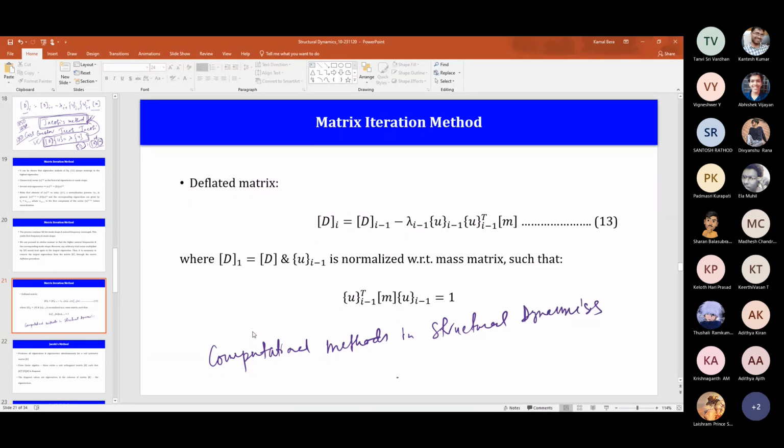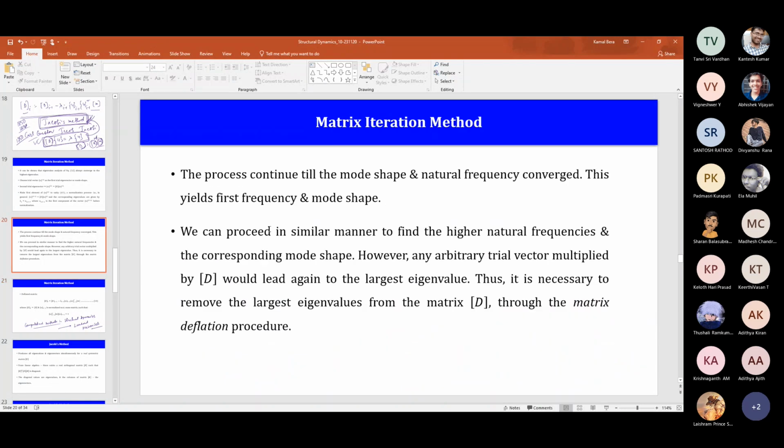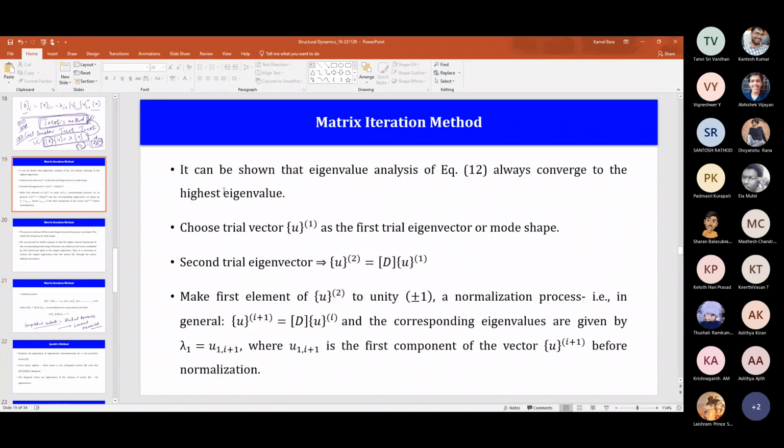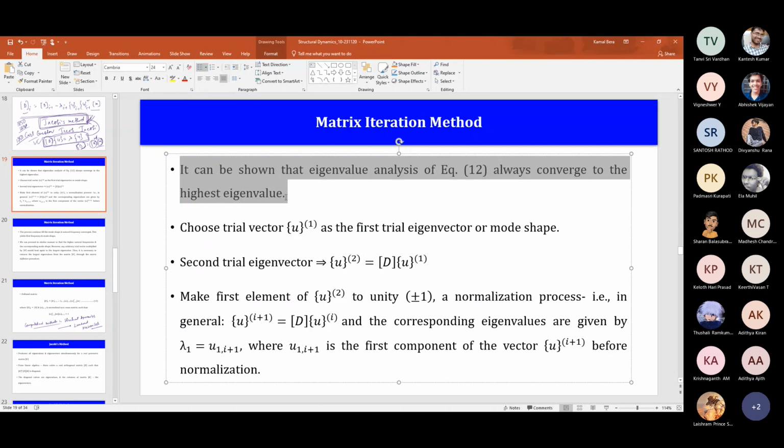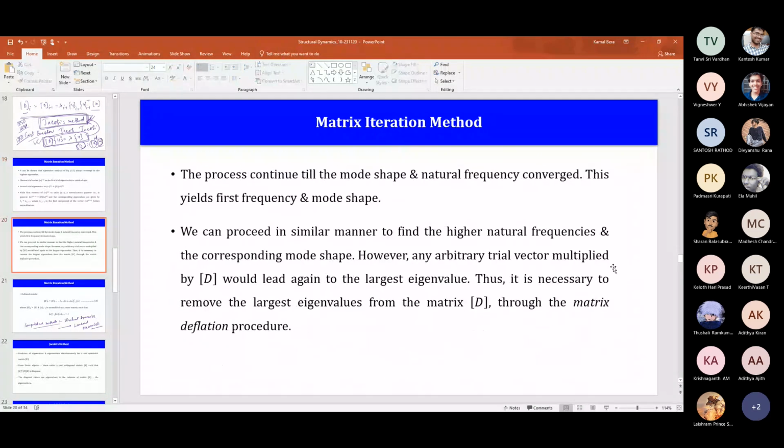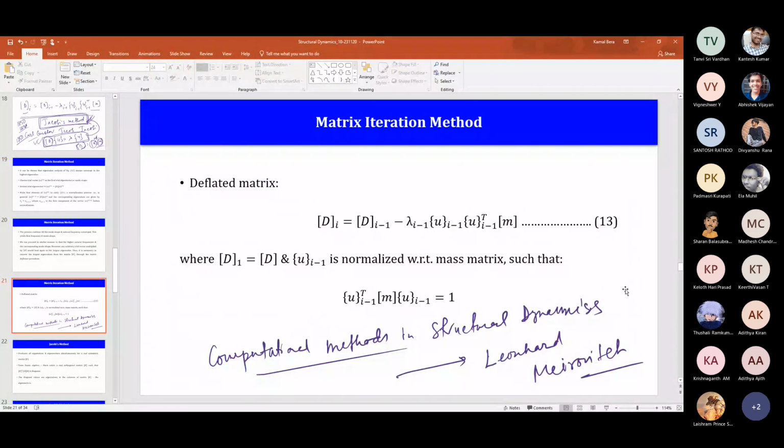Some other authors are there, but you can refer to Leonard Meirovitch. If you want to know how it comes, what the deflation procedure is, why it will not converge to the previous mode shapes and frequencies, and why it always converges to the highest value of lambda, then refer to Computational Methods in Structural Dynamics by Leonard Meirovitch.